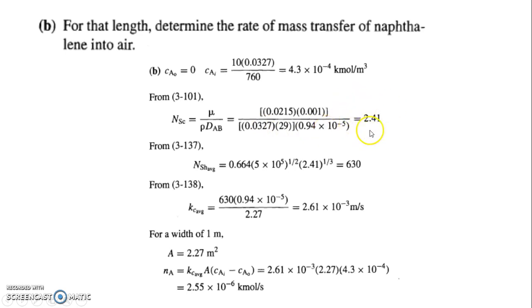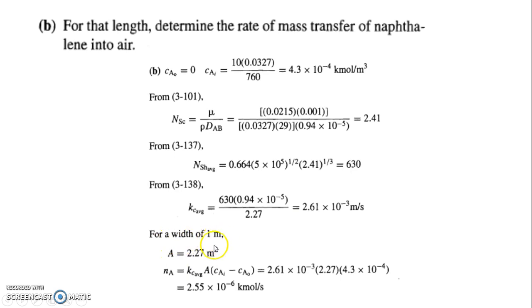So you will get a Schmidt number of 2.41. From equation 3.137, which is used to calculate the Sherwood number, you just need to substitute and you will get a Sherwood number of 630. And from equation 3.138, you will get the value for average kc by substituting all of these values: 2.61 times 10 to the power of minus 3.